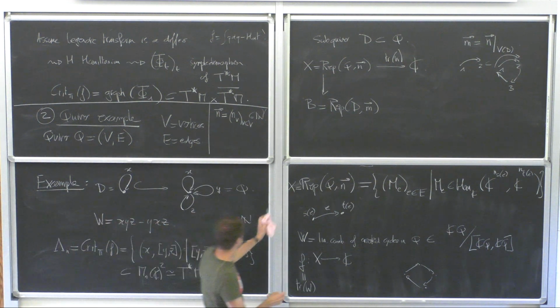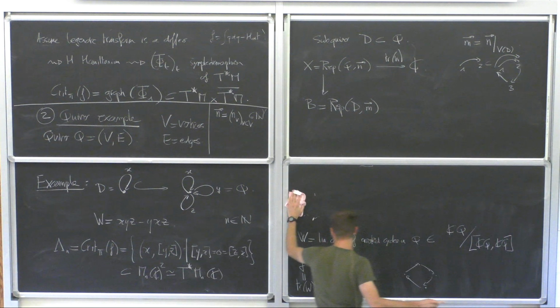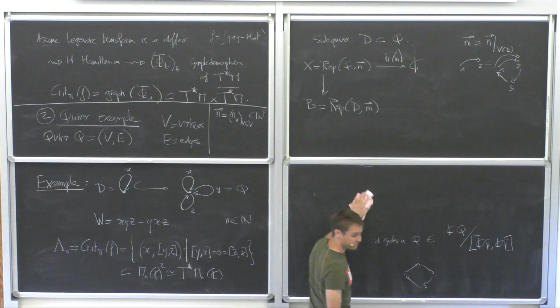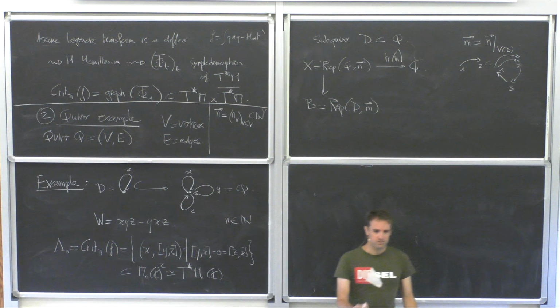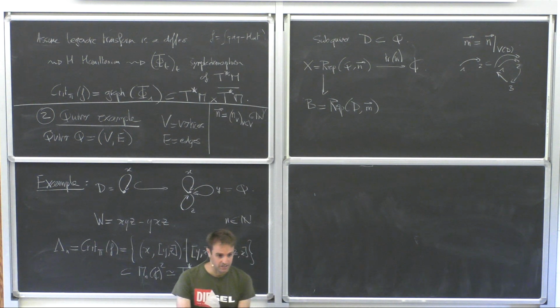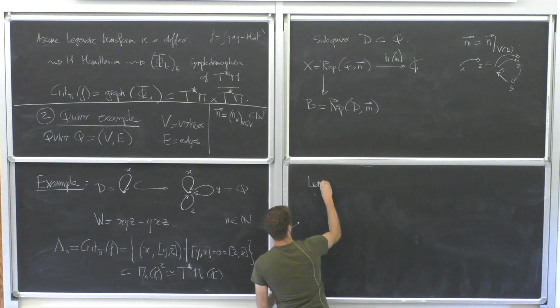So that's a little lemma. I mean, sorry, subvariety, and it's not smooth, but all its irreducible components are smooth and Lagrangian. So the lemma is the following.